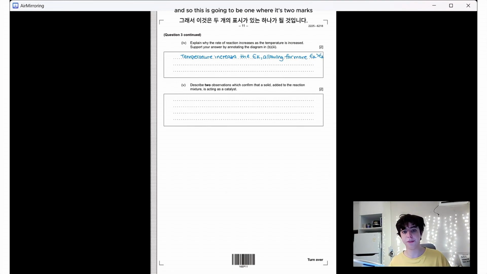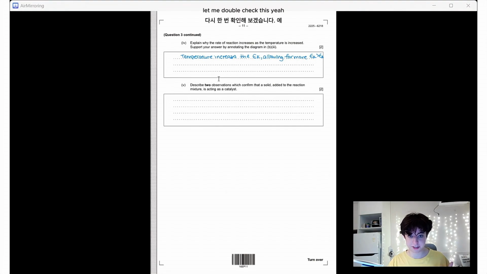And this is going to be one where it's 2 marks. One of them is going to be your annotations, which is most likely just, let me double check this, yeah, having the activation energy indicated. And then you just need to have the explanation about the proportion of the collisions. The curve for the EA part of the mark is not for part 3, it is for part 4, if that makes sense.